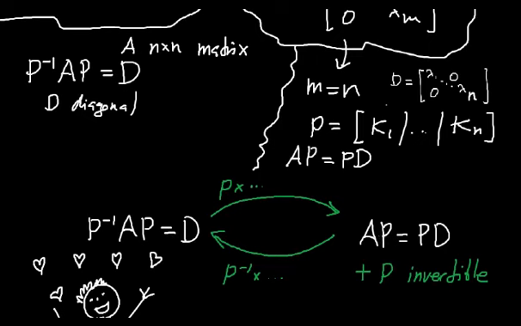How? The eigenvectors will be the columns of P, and the eigenvalues will be the entries of the diagonal matrix. So to solve the eigenvalue problem, I just pick out the eigenvectors and eigenvalues by picking out the columns of P and the diagonal entries of D. So that's how I move from left to right.